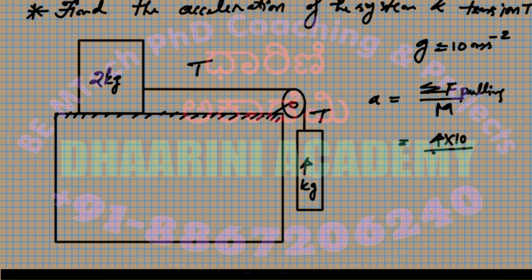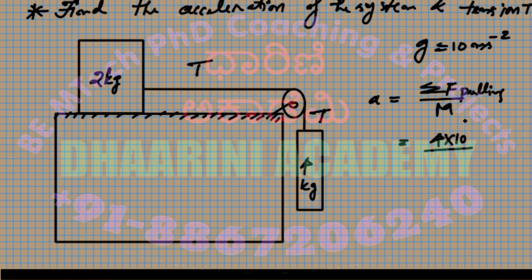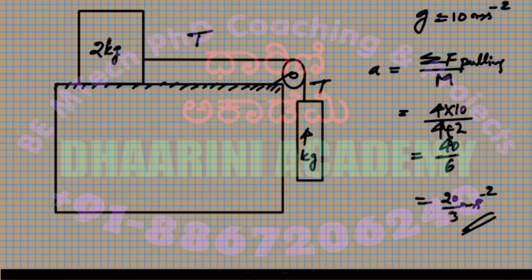And what is the total mass? Total mass is 4 and 2. The pulling force acts on the 4 plus 2 kg, so that is 6. So this is 40 by 6, which is 20 by 3 meter per second square. This is the acceleration.